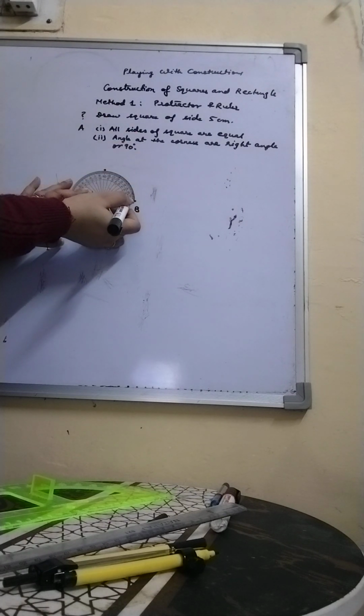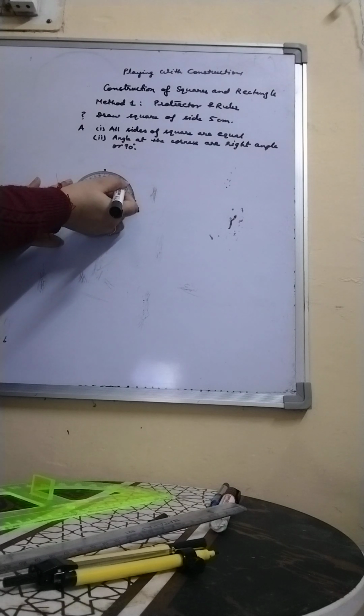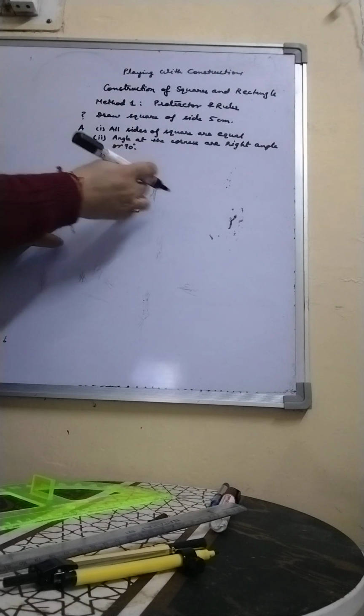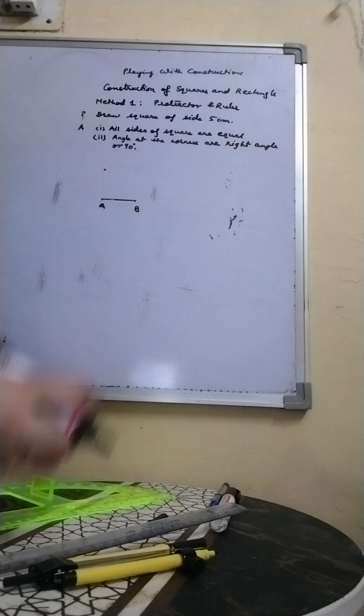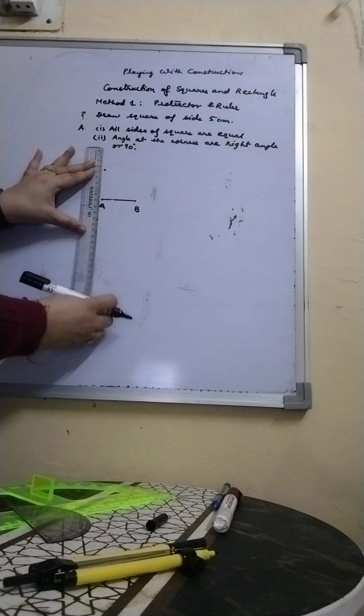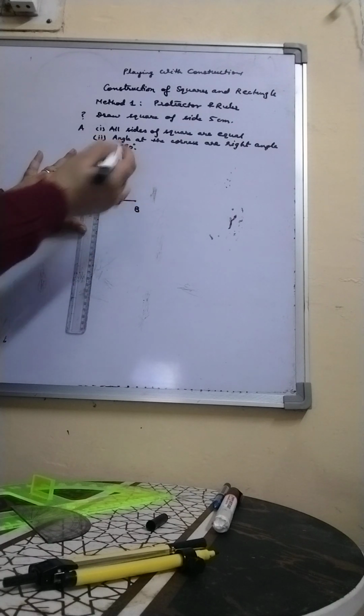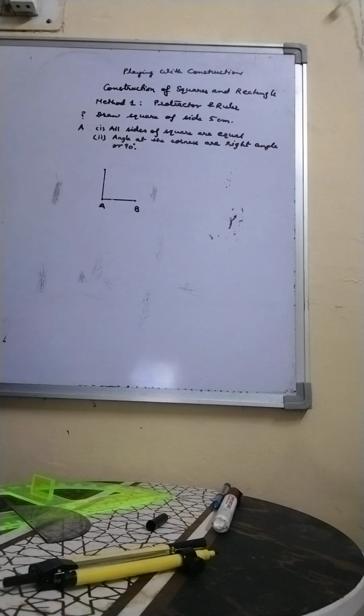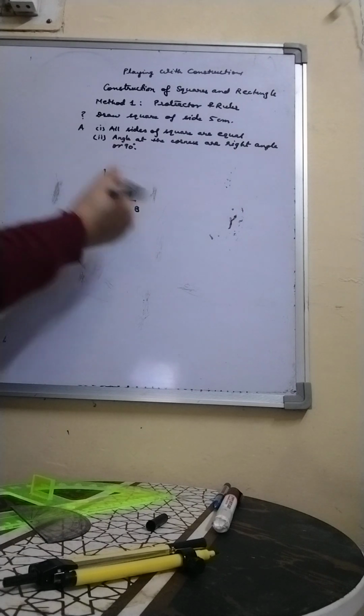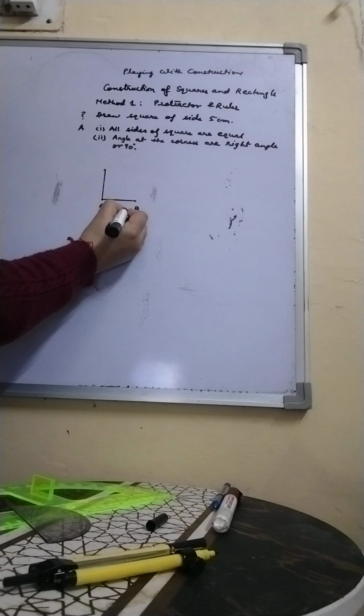From zero reading you will start 10, 20, 30, 40, 50, 60, 70, 80, 90. So you would get 90 degree, and in this way you would join the line with the 90 degree dot. But our task is not finished yet. You have got a line over here, but what should its measurement be? AB is 5 centimeter.